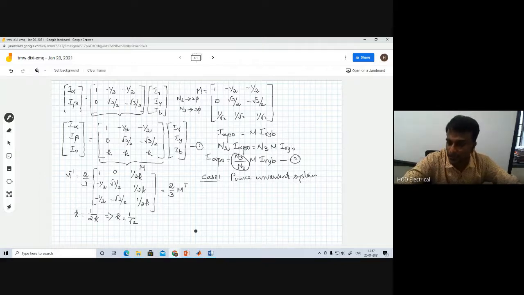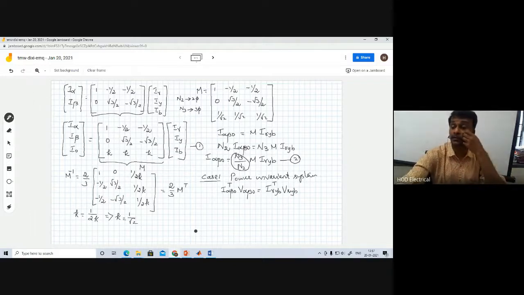Accordingly, I will write in matrix form: net current I alpha beta naught transpose into V alpha beta naught equals I R Y B transpose into V R Y B. So now substitute the second equation into this.